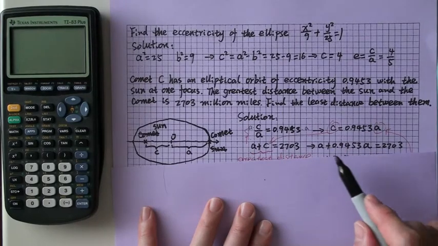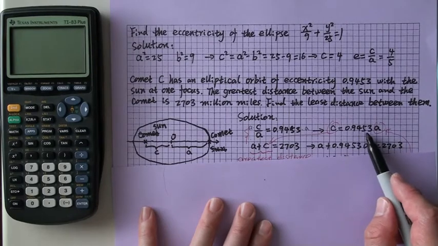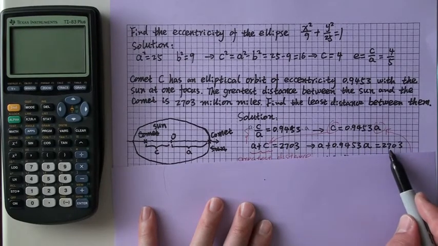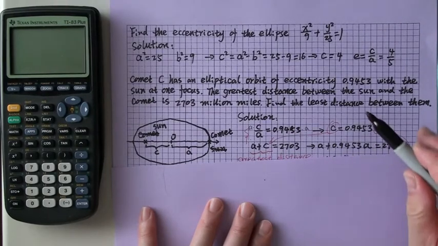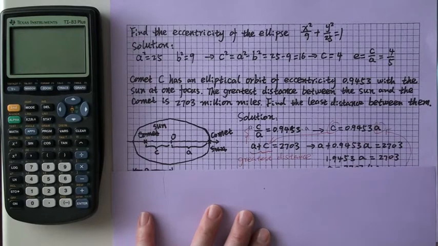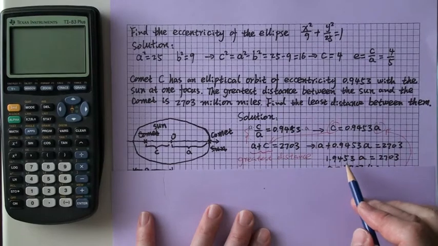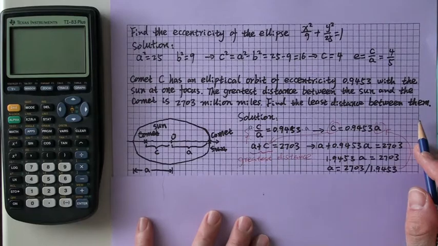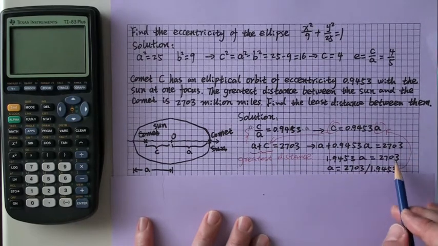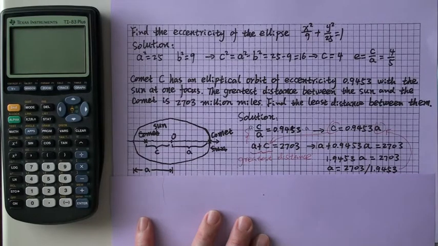So A plus 0.9453A equals 2703 million miles. There is a 1 in front of A, so 1.9453A equals 2703. Then A is 2703 divided by 1.9453.